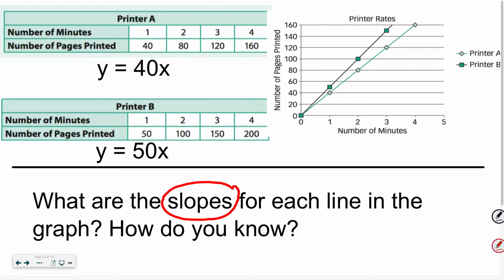So again, this is one of those things where it's a newer word, but you already know how to find it, right? The slope is actually represented in a graph. Now, when you're looking at a line, you're looking for the slope, how the line is moving. So write this down. Write down slope and unit rate are the same thing. Because you're always going to be able to find the slope because you already know how to find the unit rate.